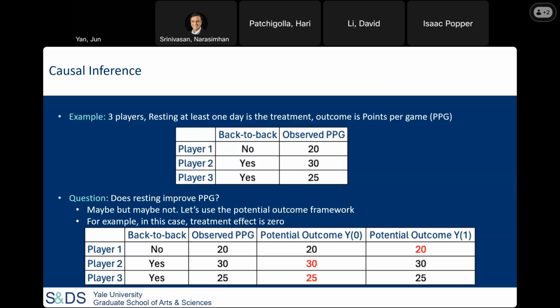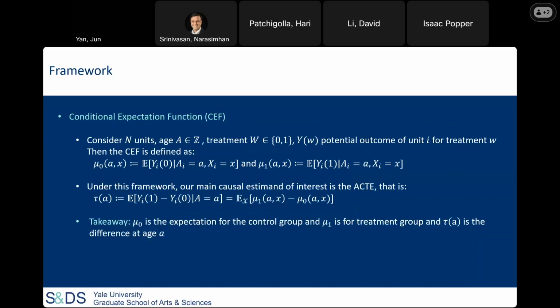So now that we are on the same page on causal inference, let me explain my framework. There are two ingredients in the framework. The first one is the conditional expectation function. Sorry for a lot of notation, but basically the takeaway is that mu zero is the expectation for the control group, which in this case is the players who are playing back-to-back, and mu one is for the treatment group, who are more rested.